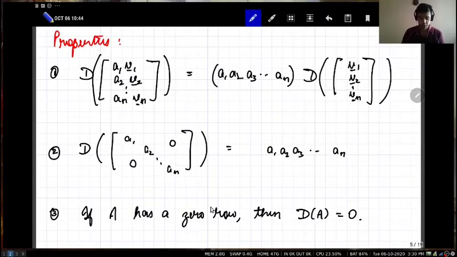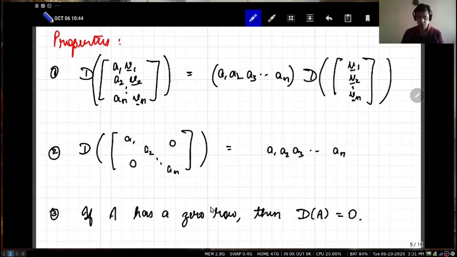So D of a1 v1, a2 v2 up to an vn is the product a1 a2 a3 up to an times D of v1, v2 up to vn. And how do we get this? I want you to pause the video for a minute and think about why this property is true.